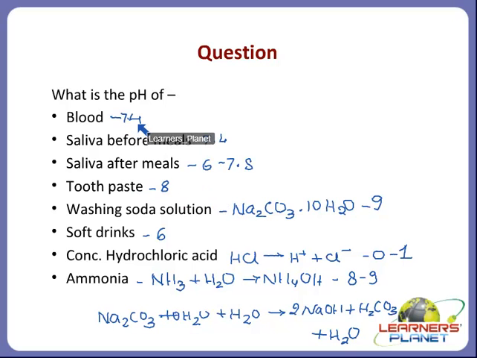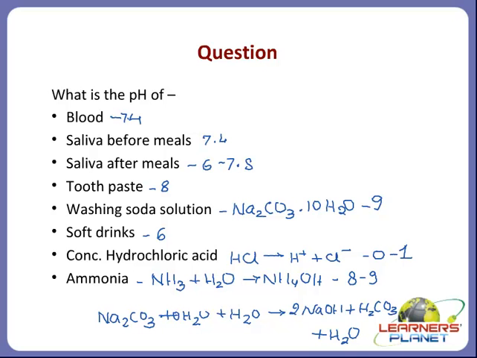Had this blood been acidic, we wouldn't have survived, because there are many enzymes which are active at pH 7. There is one enzyme, pepsin, which acts at pH 2, in our stomach.